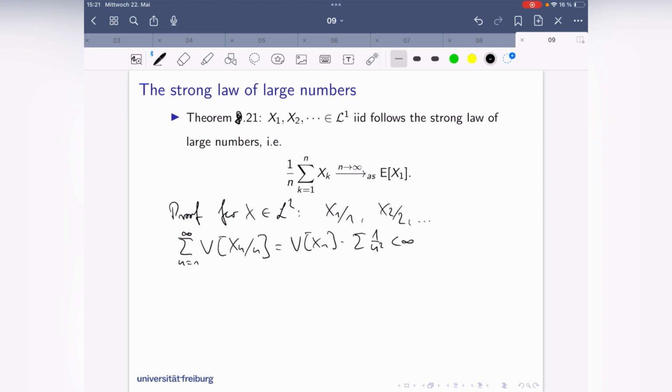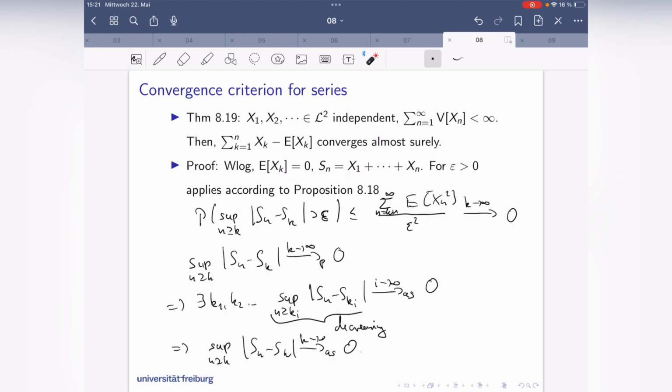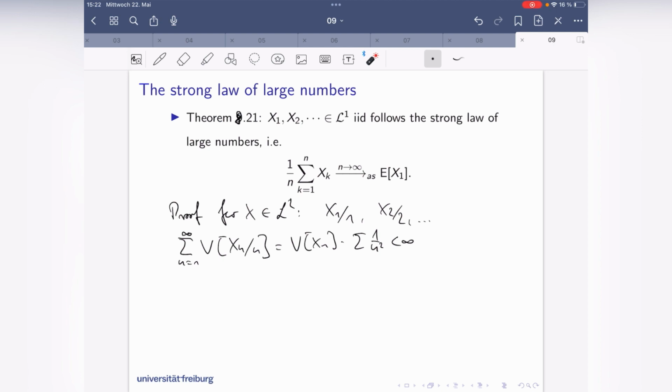And then we had last time, for independent random variables, that if the sum of the variances converges, then the sums converge almost surely. So we have here that the sum xn divided by n, n from 1 to infinity, is finite almost surely.